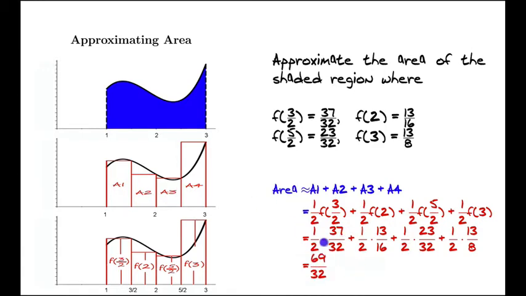This simplifies to 69 over 32, which is 2.15625. That number right there is exactly the sum of the areas of these 4 rectangles, and that's an approximation to the area of this blue shaded region. We can get better approximations by using more rectangles, and that's what we will do in future videos.